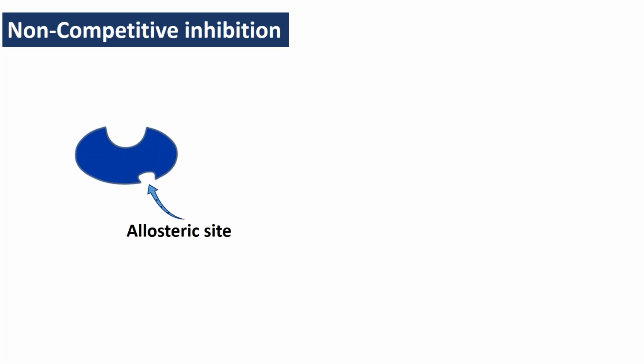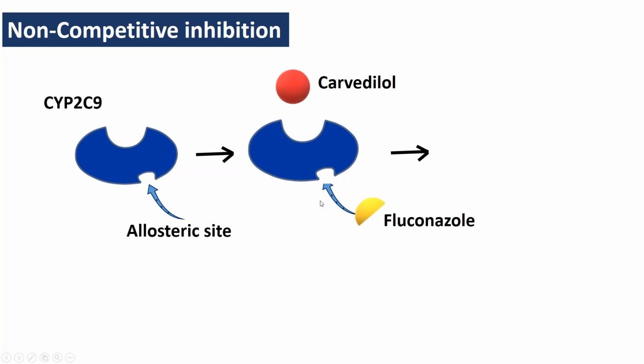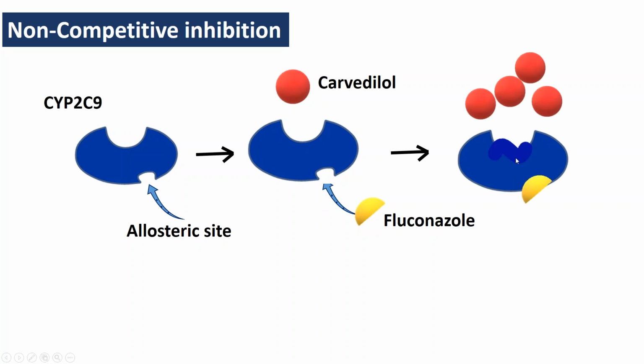Here is an example of non-competitive inhibition. Enzyme 2C9 is a metabolizer of carvedilol, whereas fluconazole inhibits 2C9. Fluconazole binds to the allosteric site and then modifies the active site conformation.